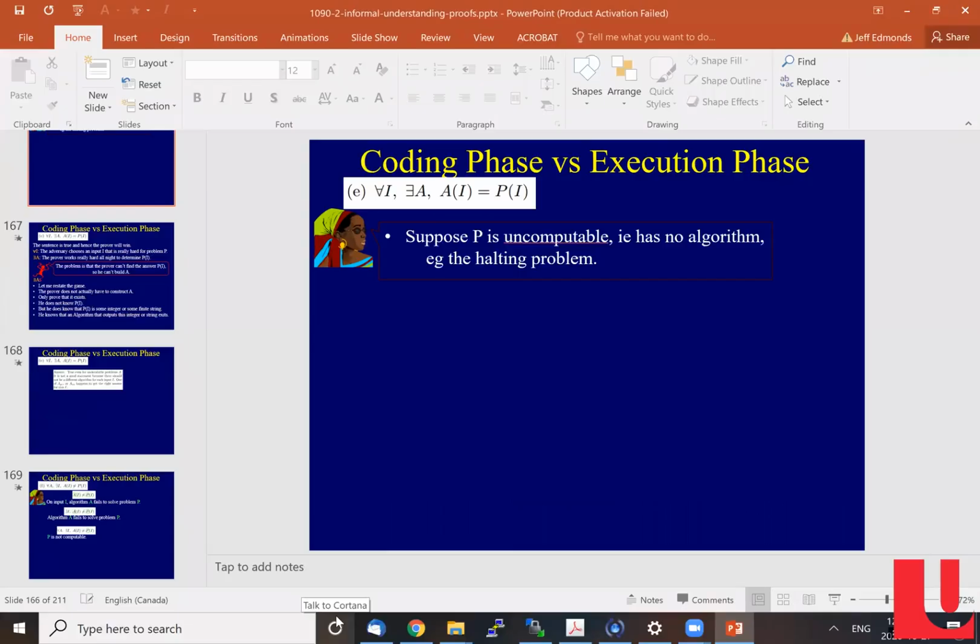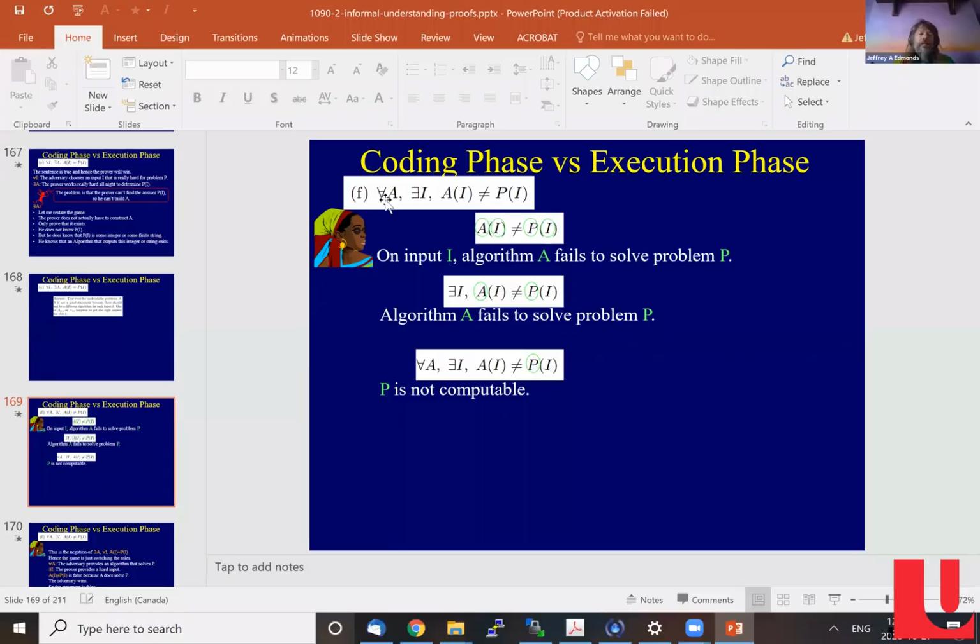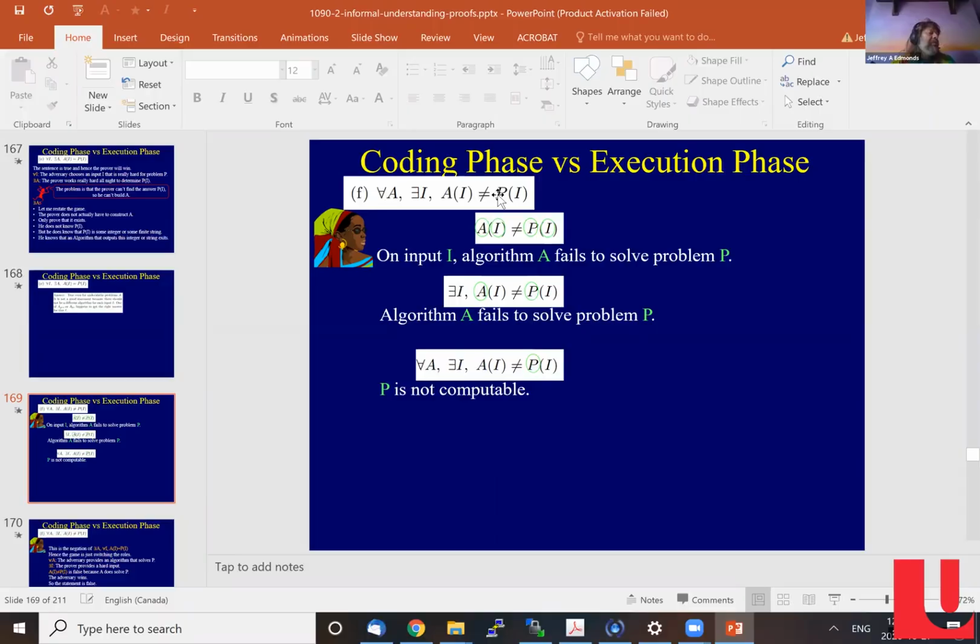Here it is. This is not computable, right? It says, how do we prove that P is not computable? I want to prove that it's not computable, so the adversary is trying to prove that it is computable.